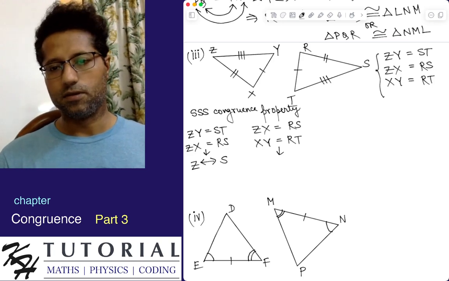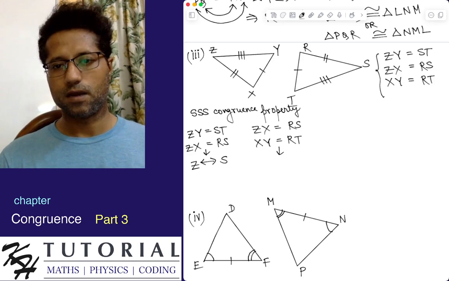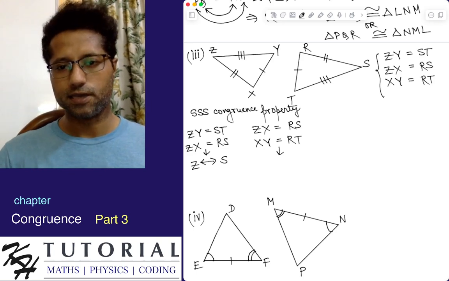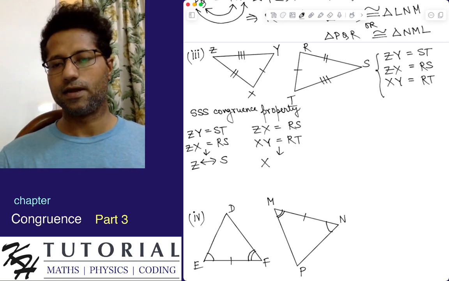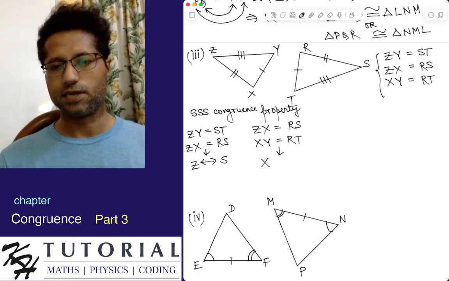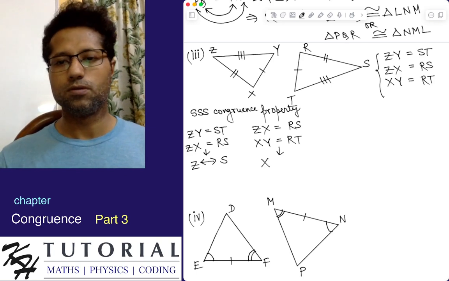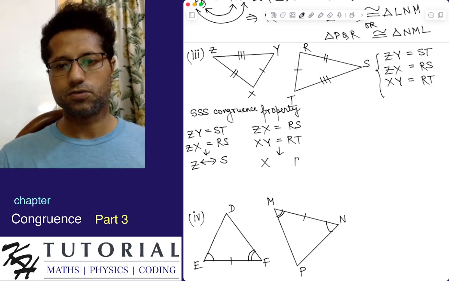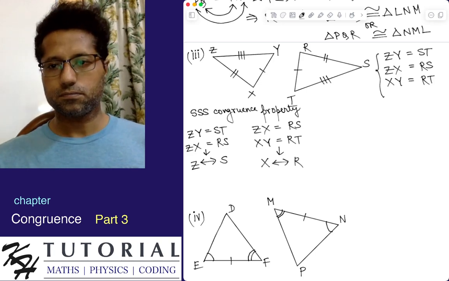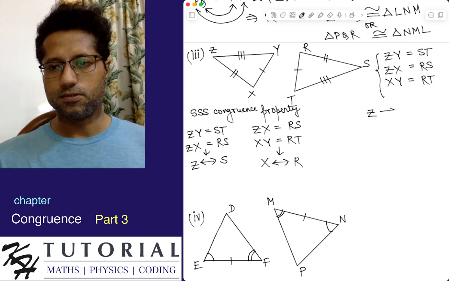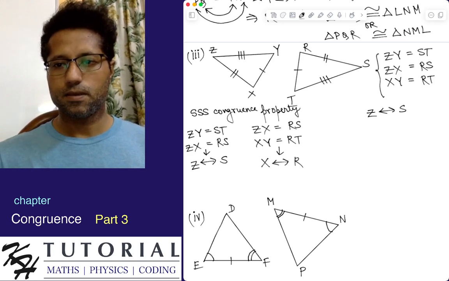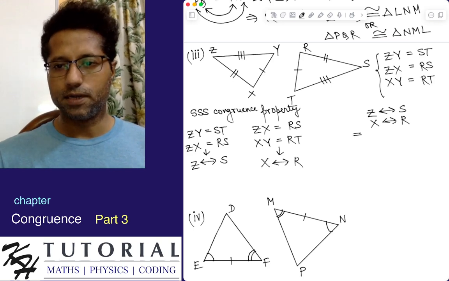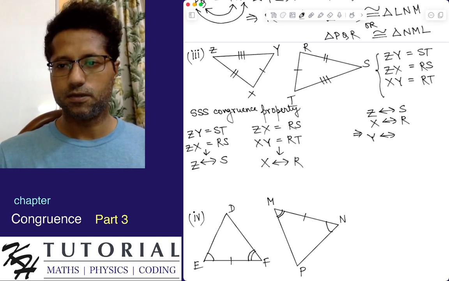In triangle XYZ the sides are ZX and XY, so the common letter is X. For triangle RST, the sides are RS and RT, the common vertex is R. So we have a correspondence between X and R. Z corresponds to S, X corresponds to R, and these two automatically imply that Y must correspond to T.